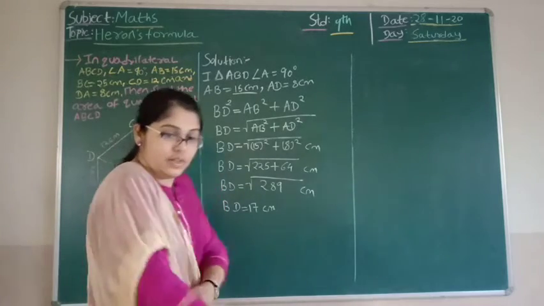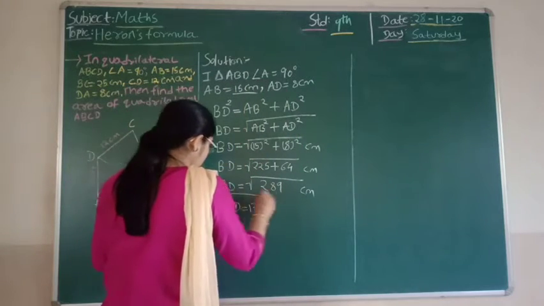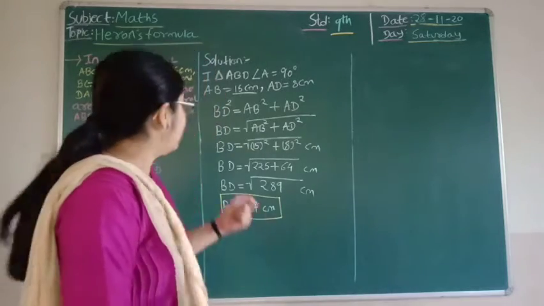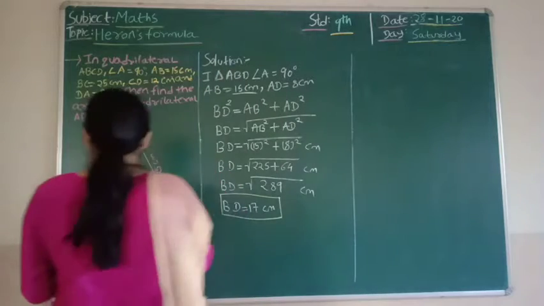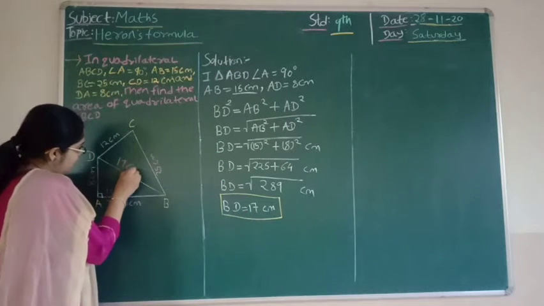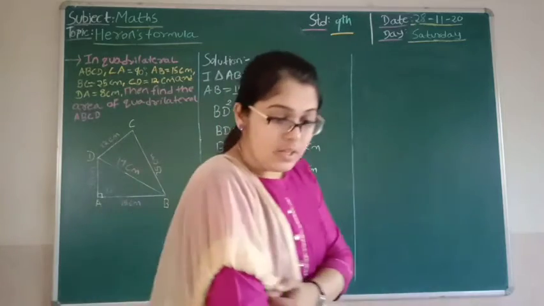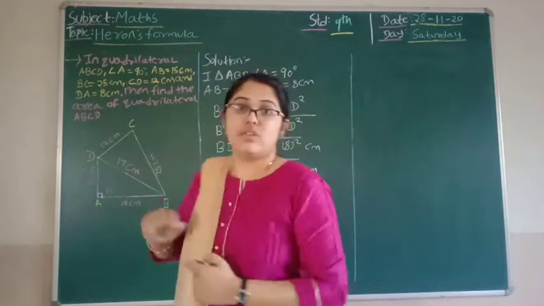So this is how we are getting the value of BD, that is 17 centimeters. Now this is what we are getting by the Pythagoras theorem.